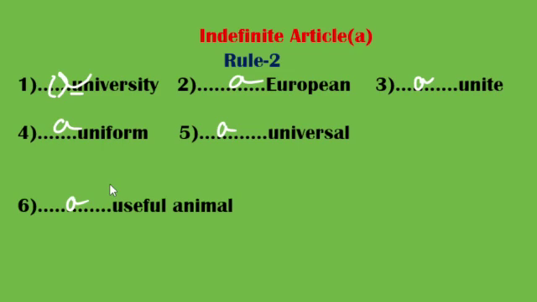Here we have to understand one thing. Though these words start with vowel letters, as their pronunciation is consonant, we have to use indefinite article a before these nouns especially. Okay, let's move on to rule 3.